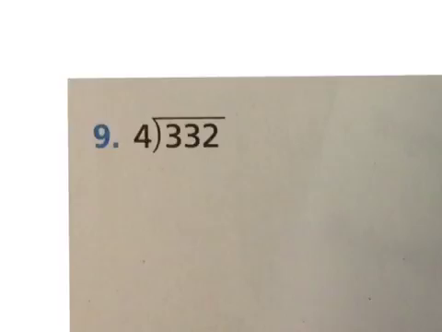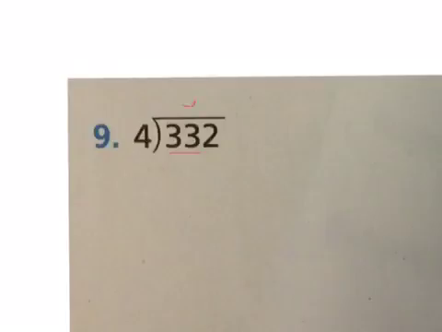Let's look at number 9. 332 divided by 4. So think about what would your first step be. You should say how many 4s go into 3, and the answer is none. So ask how many 4s go into 33. Now, if you think about your 4s, 4 times 5 is 20, 4 times 6 is 24, 4 times 7 is 28, we're getting close. 4 times 8 is 32.